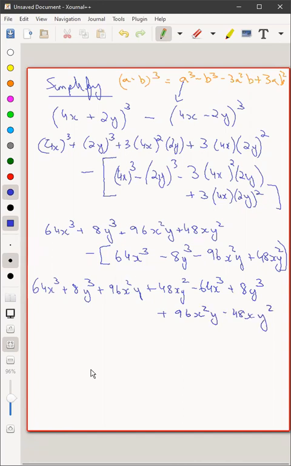Okay, continue. 64x cube will be cut and 48xy square will be cut. So what are we left with? 8y cube and 8y cube, we get 16y cube, plus 96 and 96 is 192x squared y.